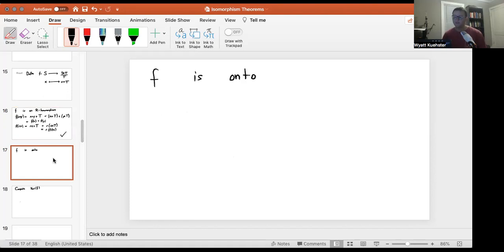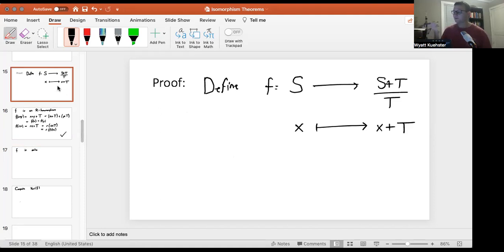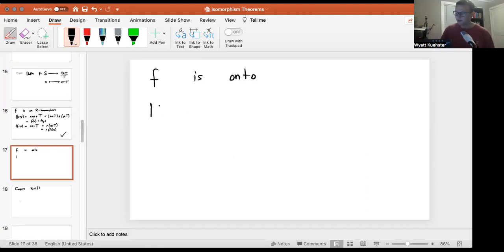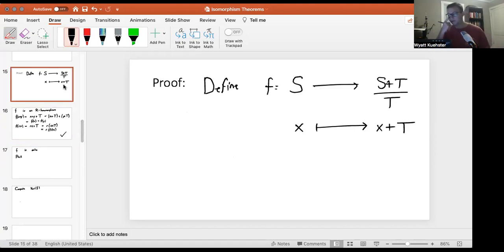Now let's check that F is onto. Okay, so to check that F is onto, I need to pick an arbitrary element in the codomain, and I need to show there's something in S that maps to it. So what does an element in this quotient module look like?